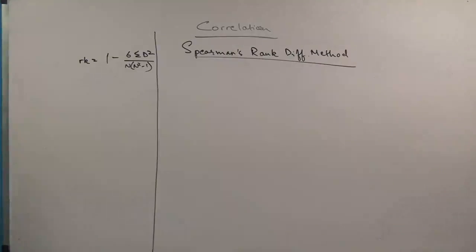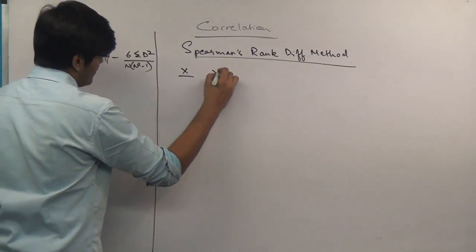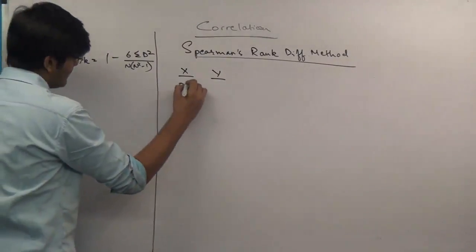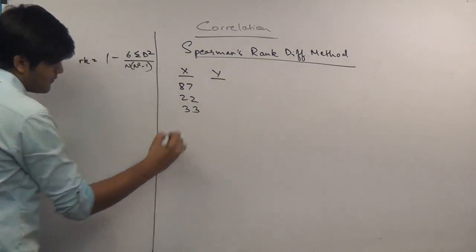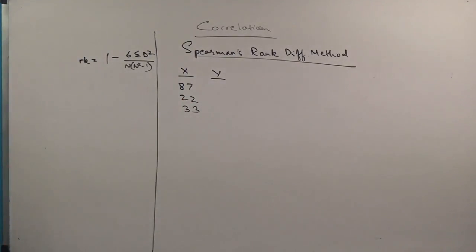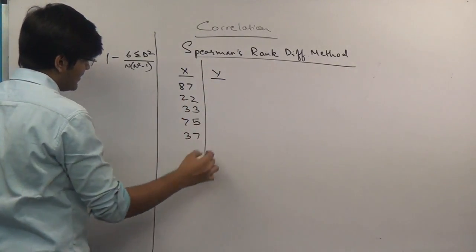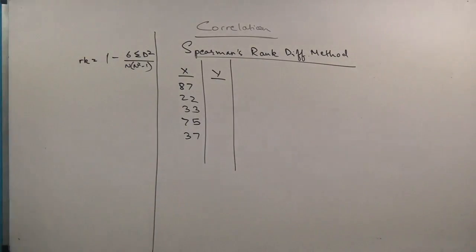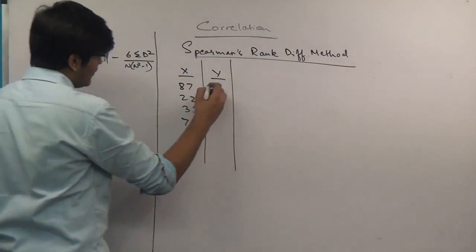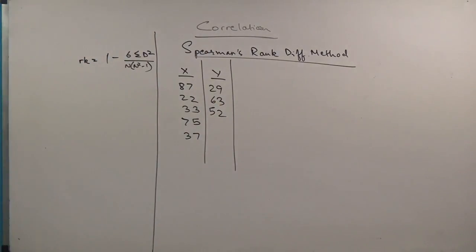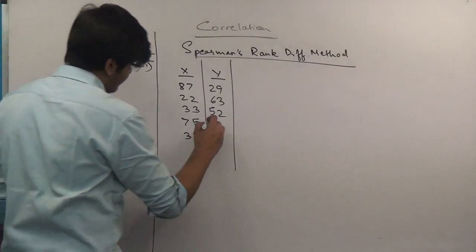Write down two series, X and Y. For X, write down 87, 22, 33, 75, 37. Not taking a very big example, easy to understand. For Y, write down 29, 63, 52, 46, 48.